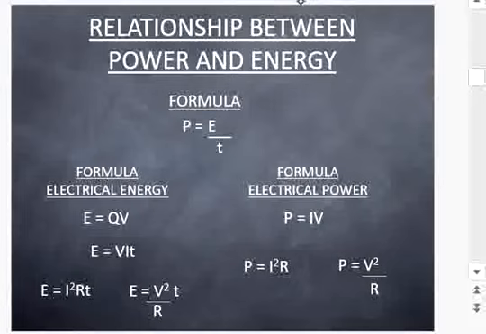Next, the relationship between power and energy. We have the formula P is equal to E over T, power is energy divided by time. That is the formula you will use, which you have learned before.